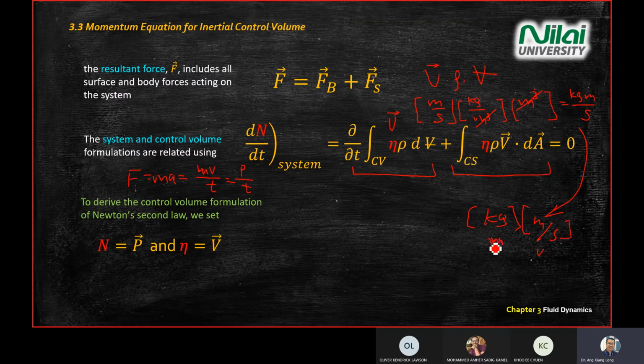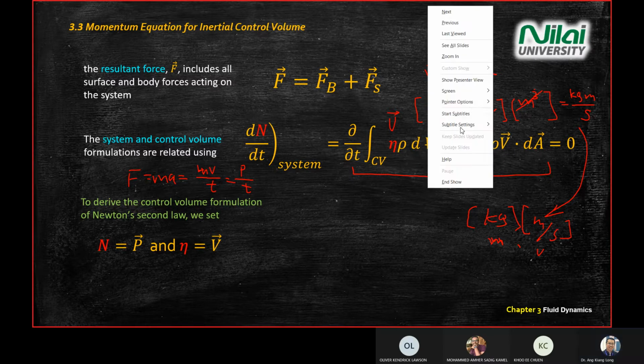So the product of mass times velocity, you get momentum. So from the equation itself, you can tell that you are writing a momentum equation. And the second one is also the same. It's only the change of your momentum.